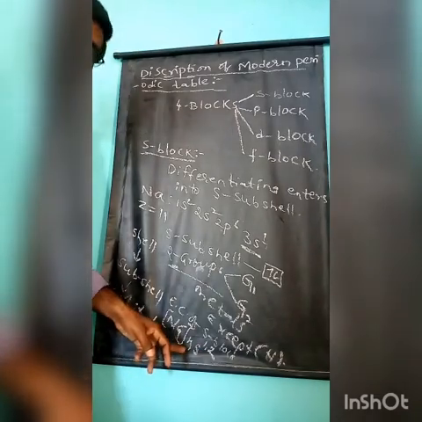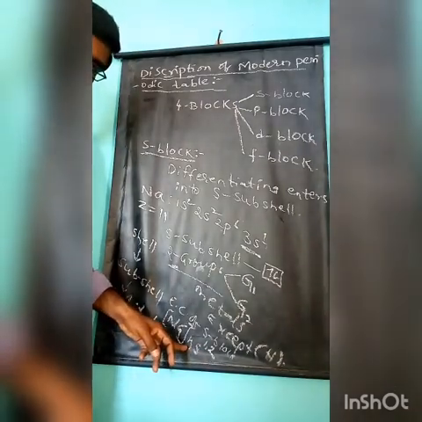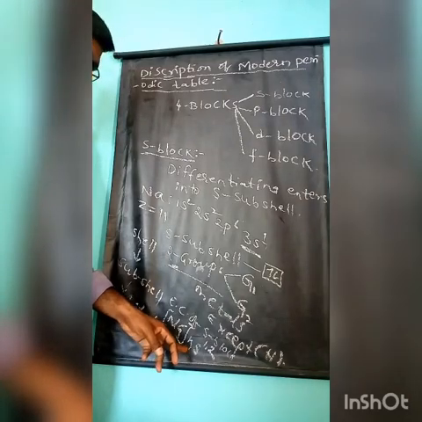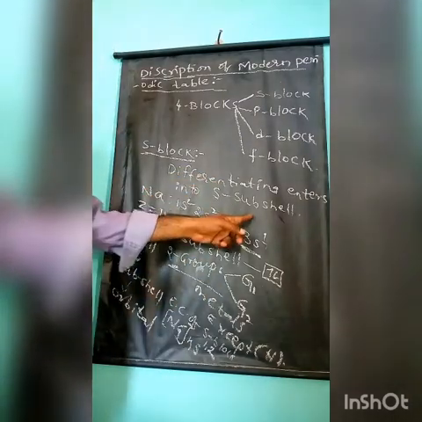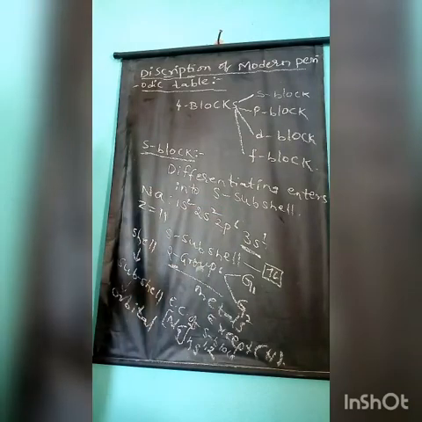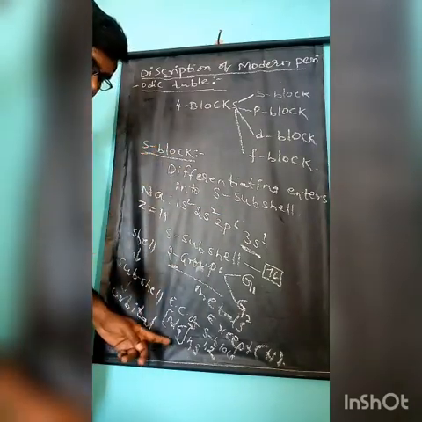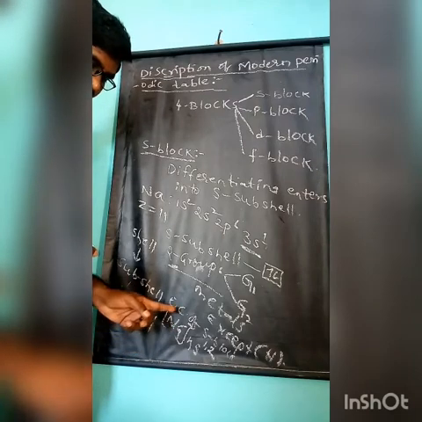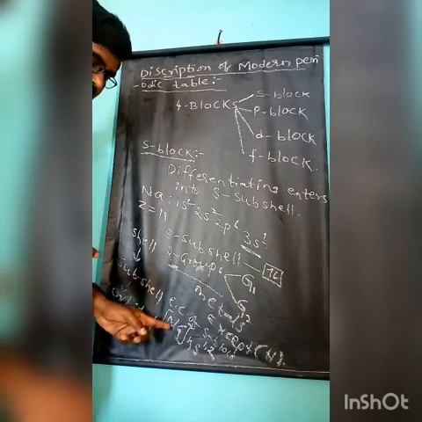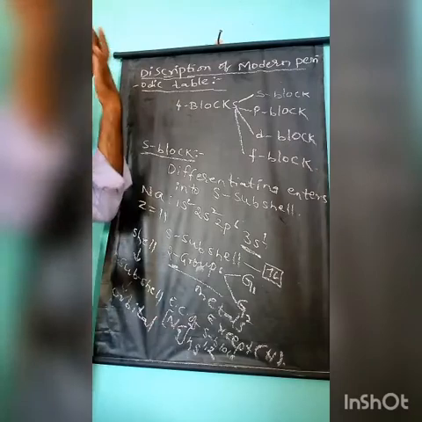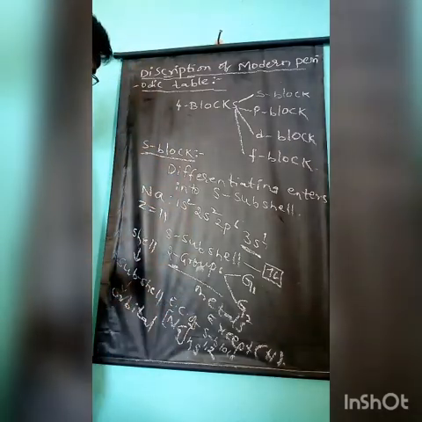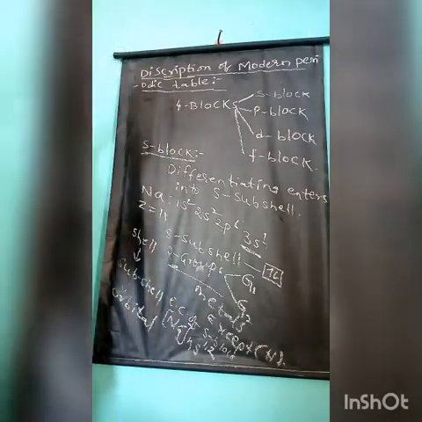N means the outermost shell. So the differentiating electron enters into the S subshell of the outermost shell. That kind of elements are called S block elements. Their electronic configuration is inert gas or noble gas ns1,2.